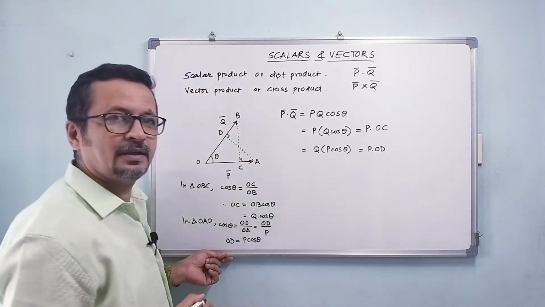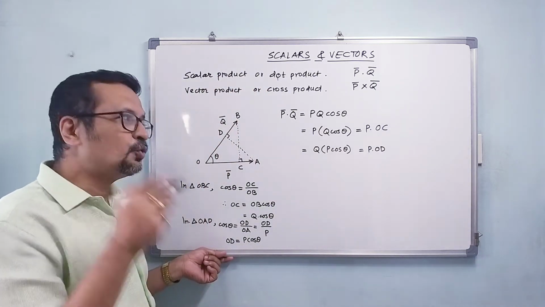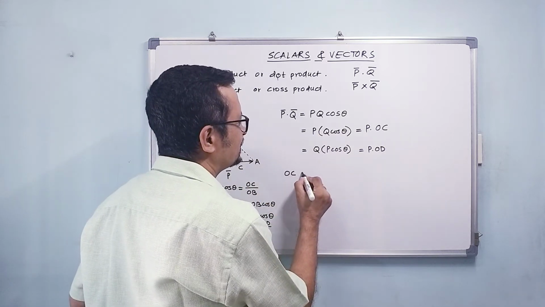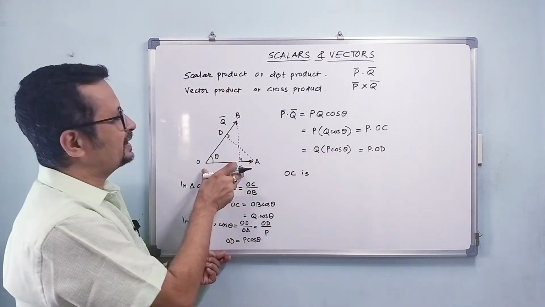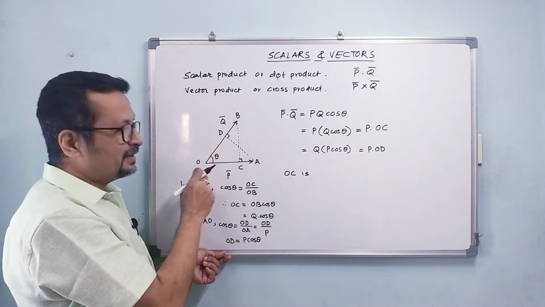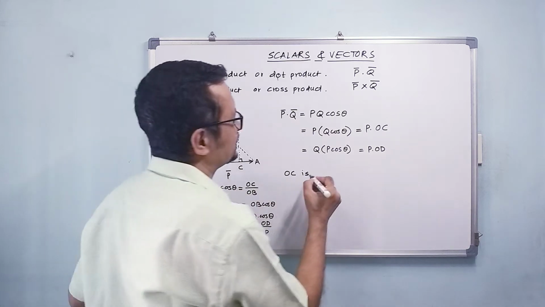Now what is OC and what is OD? OC is the component of vector Q bar in the direction of vector P bar.